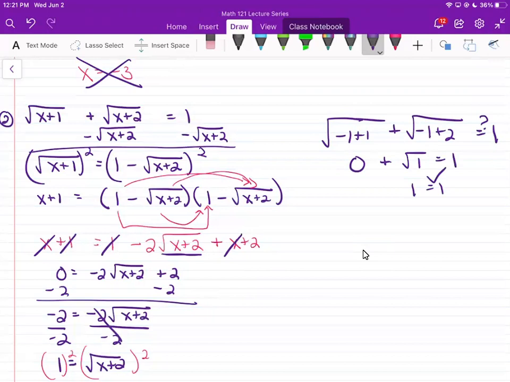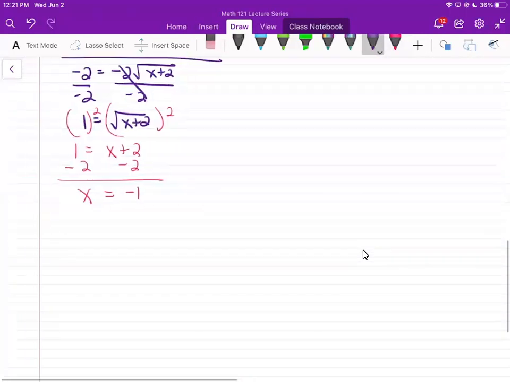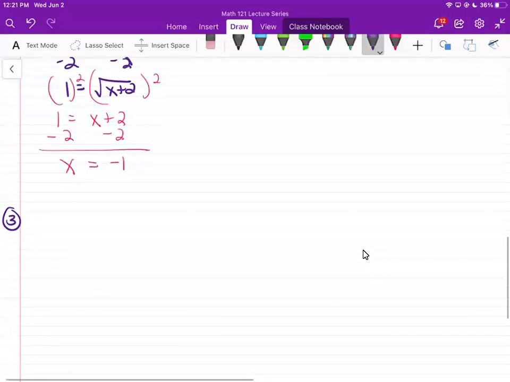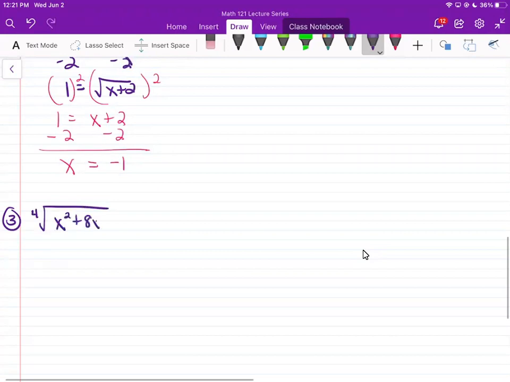So the solution works. Last but not least, let's look at one where it's not a square root. Consider something such as the fourth root of x squared plus 8x plus 7 minus 2 equals 0. Follow the same steps by isolating the radical.